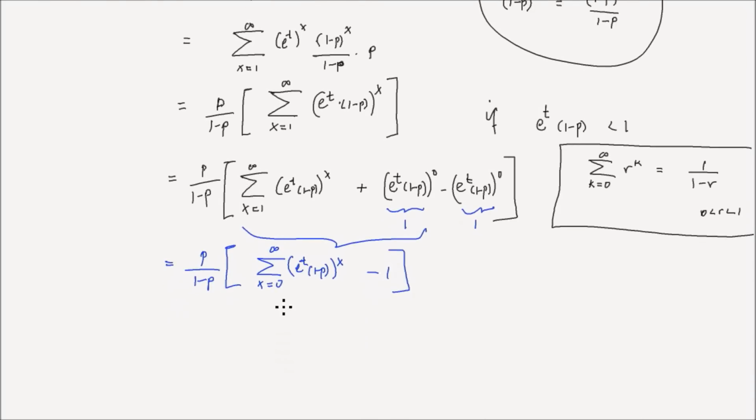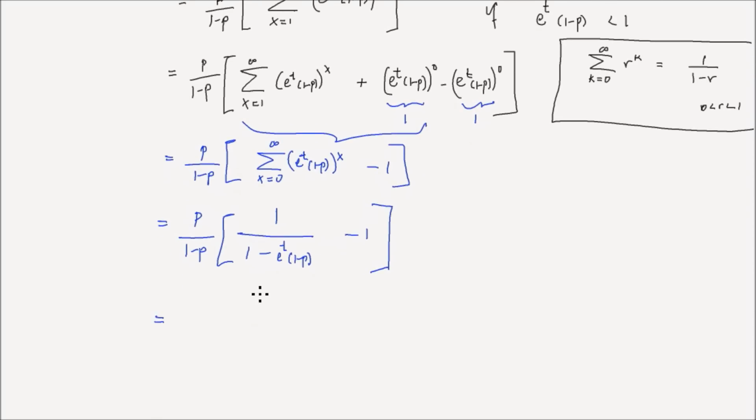Now this is a geometric series, so it simplifies to 1 divided by 1 minus the common ratio, which is e to the t times (1 minus p). Then I have minus 1.